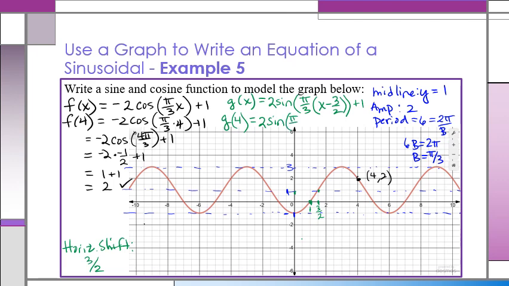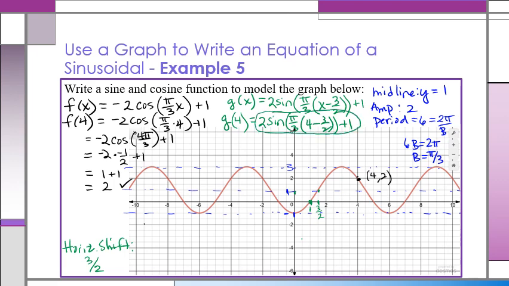Oof, I'm not going to have enough room. What is 4 minus 3/2? Well, 4 is 8/2, so I get 5/2.